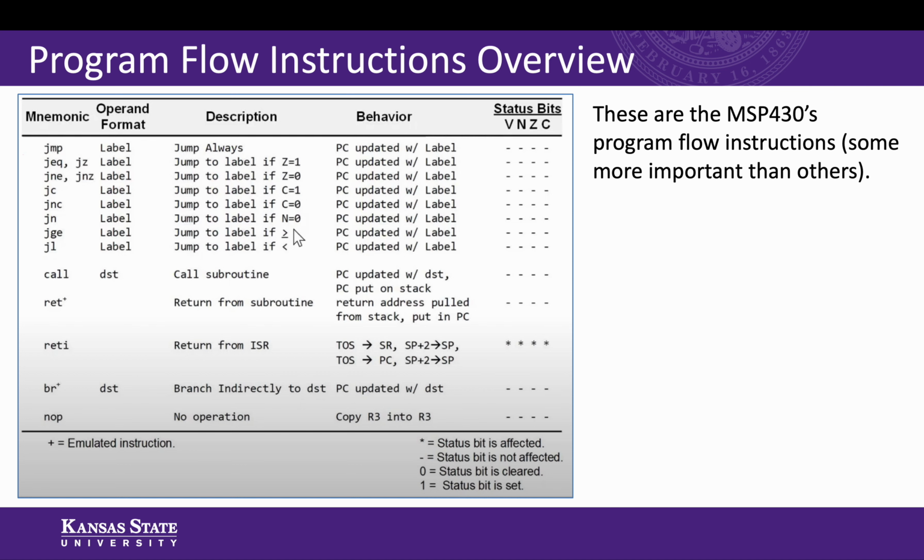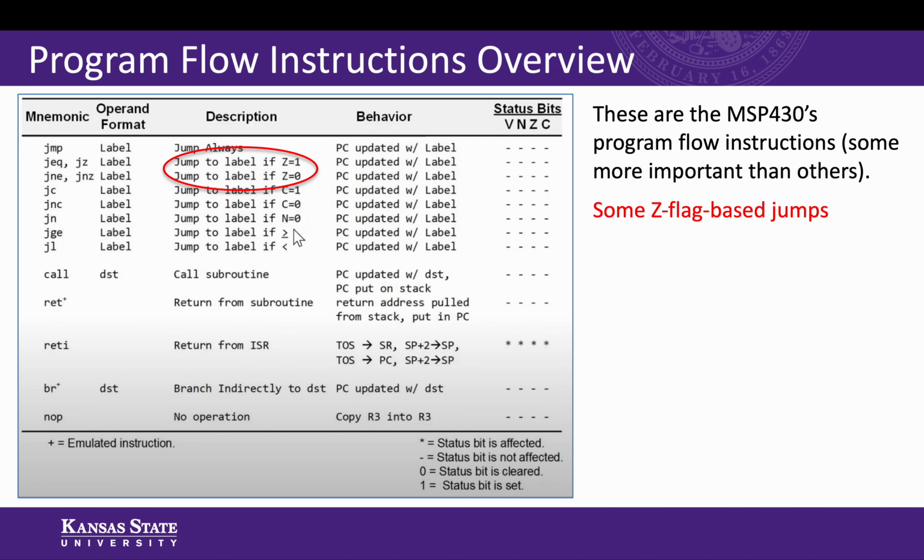You'll see JEQ is jump if equal, JZ is jump if 0, and then you'll see below that JNE, jump if not equal, JNZ, jump if not Z, JC is jump based on if C is asserted, the C bit, jump if not C, if C is not asserted, and you'll see also the branch instruction below.